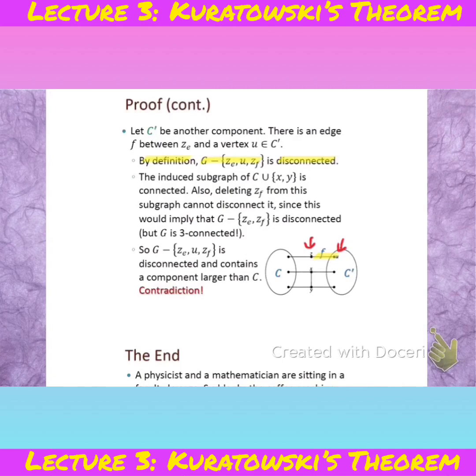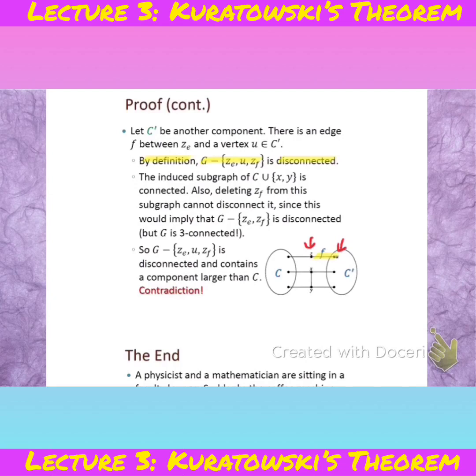Now what is Z subscript F? Remember, by definition, if I contract the edge F, it means I'm merging Z into U. Now Z subscript F is that other cut vertex that we talked about initially, right?